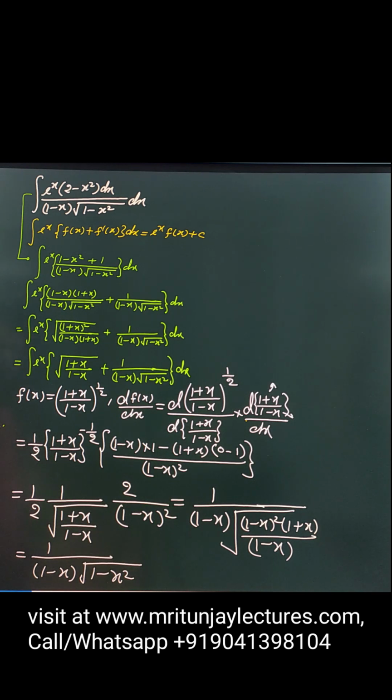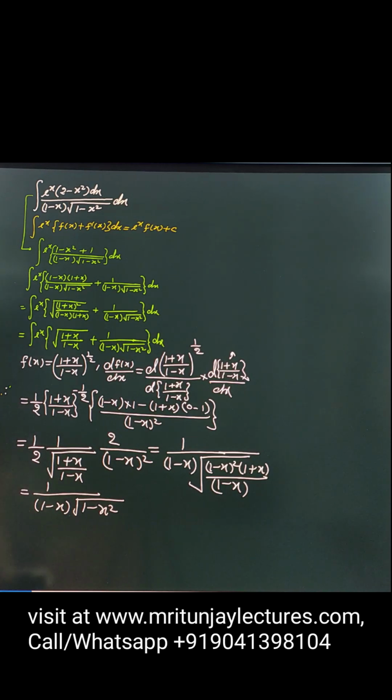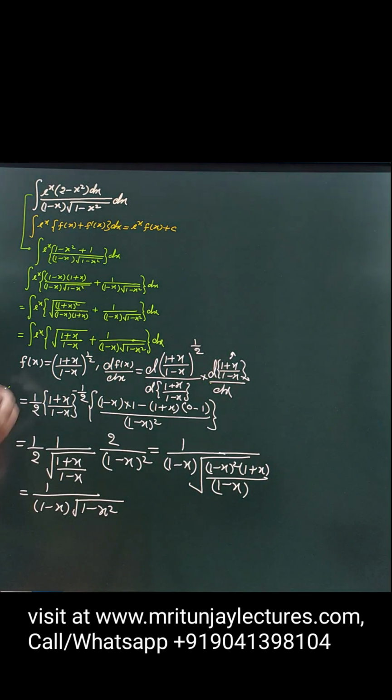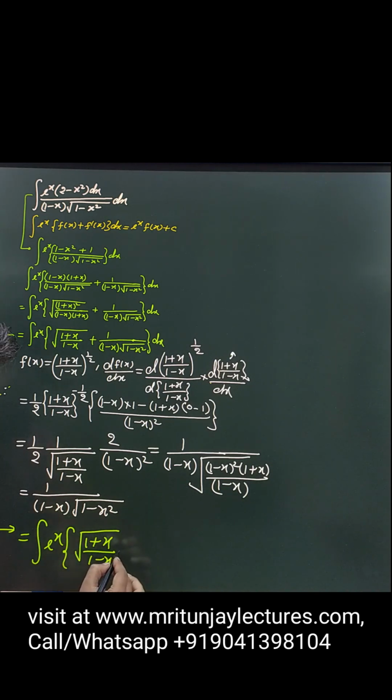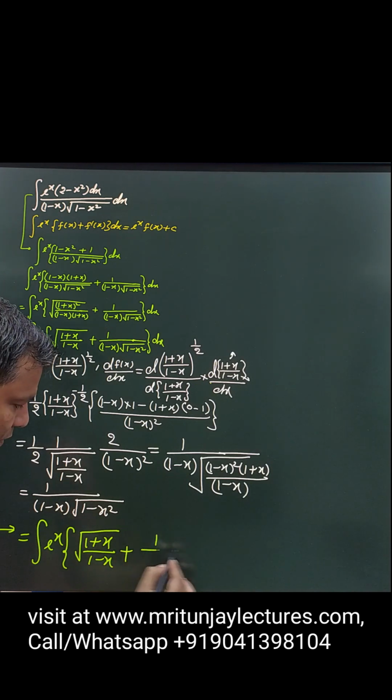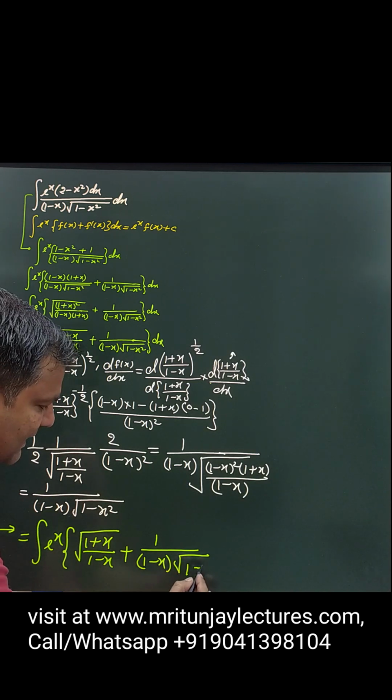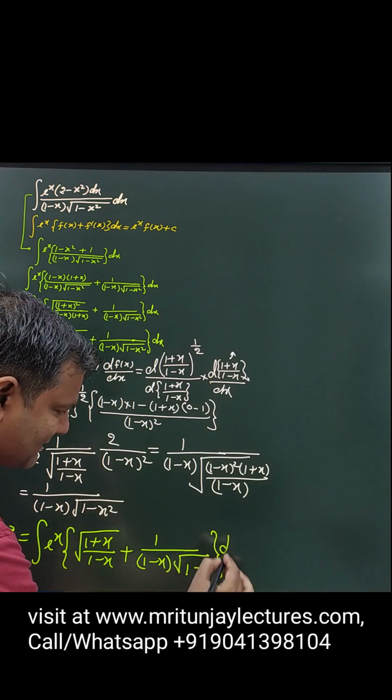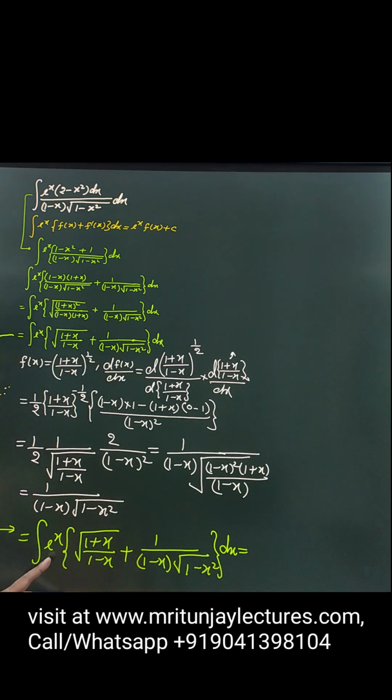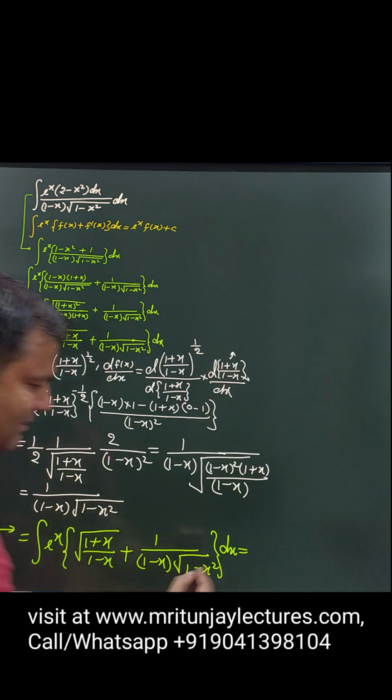So that's why you can use the direct formula here: e to the power x into [under root of (1 plus x upon 1 minus x) plus 1 upon (1 minus x) into under root (1 minus x square)] dx is simply e to the power x into [f of x plus f prime x], which gives e to the power x into f of x.